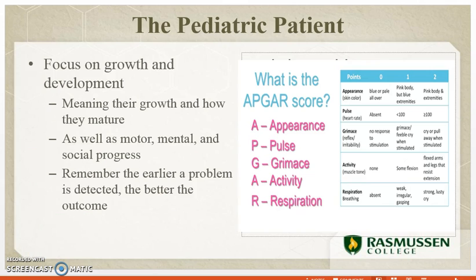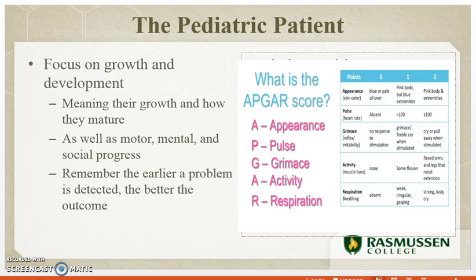So we've talked about our office. We've talked about what the role in pediatrics is, but let's actually talk about the patient itself. Growth and development refer to the changes that occur in a child's life as they grow and mature. This is what we are actually paying attention to in that pediatric office. When we talk about development, it refers to the motor, mental, and social progress of a child.